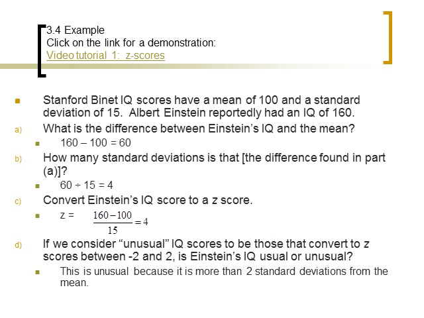So if we consider unusual IQ scores to be those that are outside of -2 or +2, is his score usual or unusual? And since his was a z-score of 4, then that's very unusual. So that's another way to prove statistically that his IQ was way, way above average.